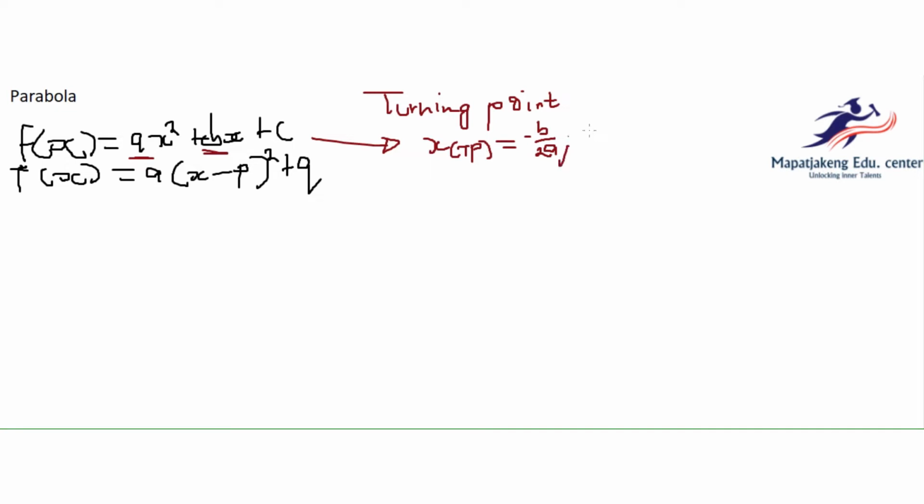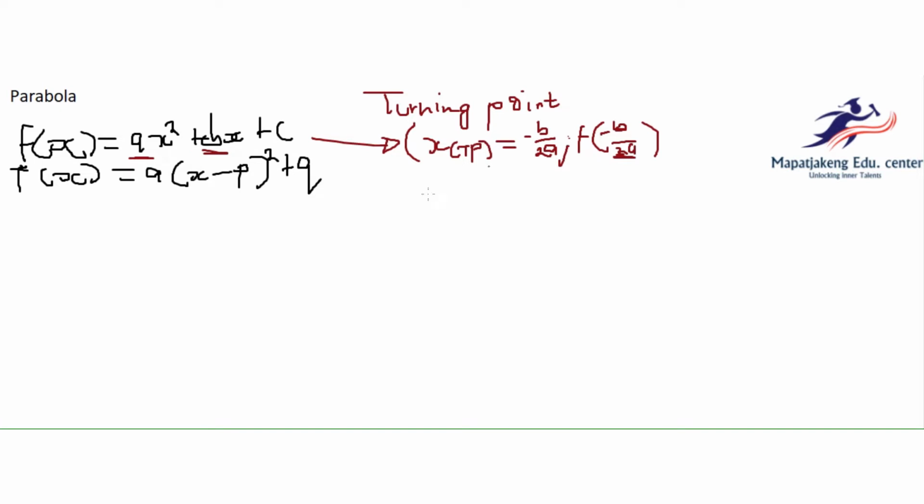Then for the y, you take the very same x and substitute it into the whole equation to get your y. Then this pair will be your turning point for this equation.